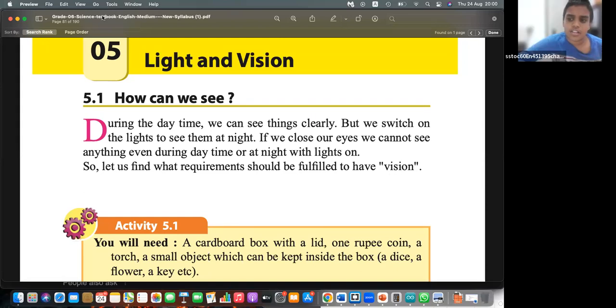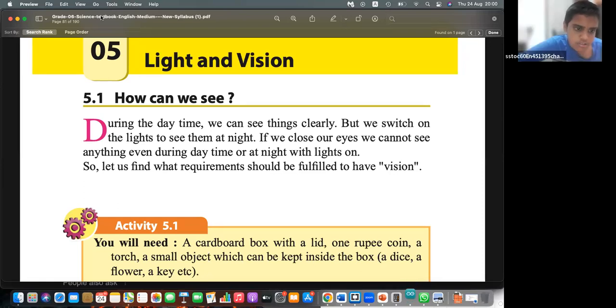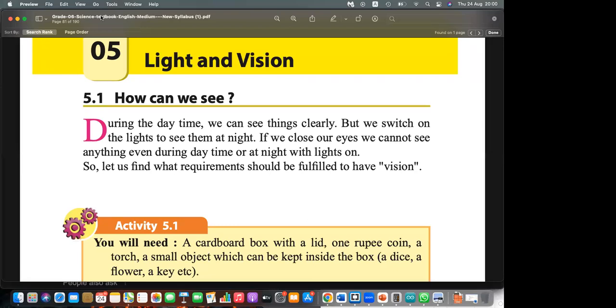And energy does not have a mass and doesn't occupy space. That is energy. It's a source of power which does not have mass and does not occupy space.